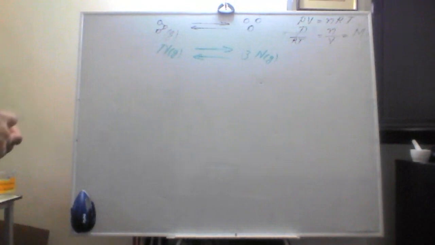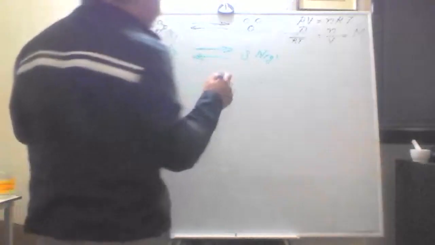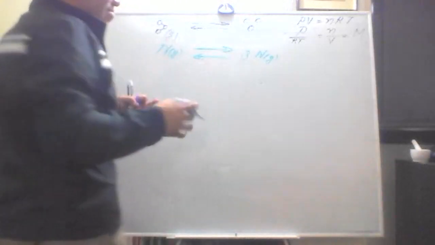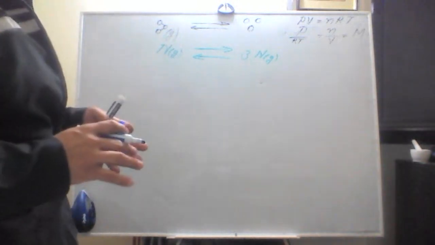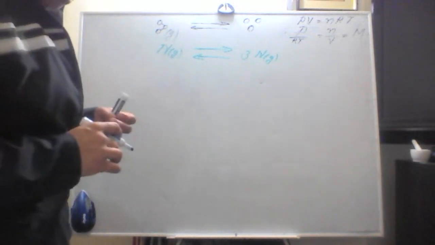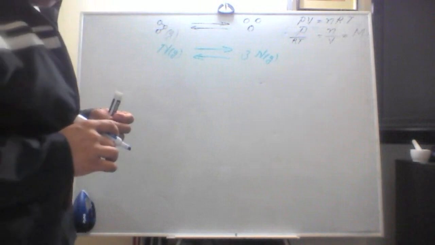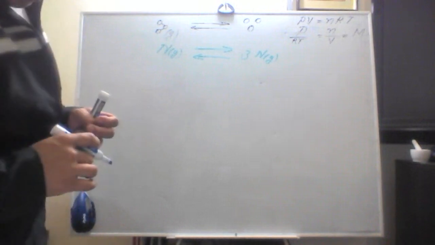Okay, so we got two numbers to work with here. We have that the reaction going forward is 4.75 times 10 to the minus 3. We're not going to write numbers here because it doesn't really matter. We just want to see the numbers and put them into context. So we have 4.75 times 10 to the minus 3.